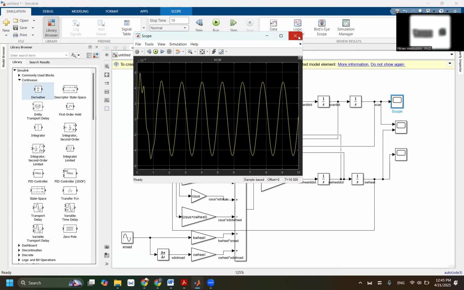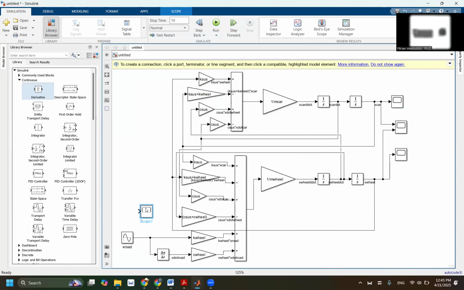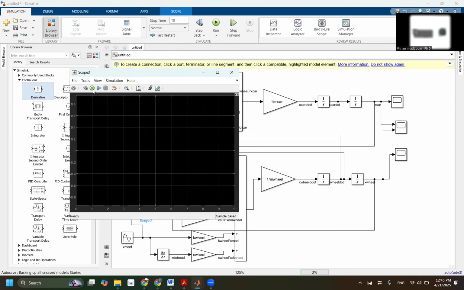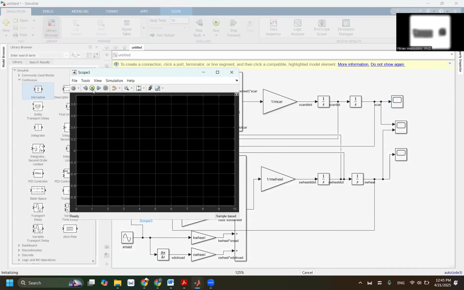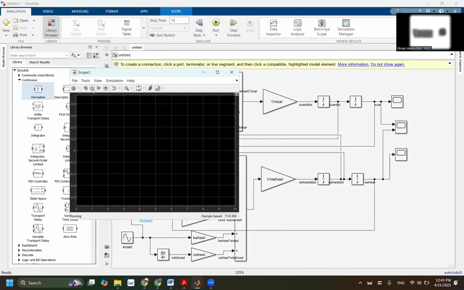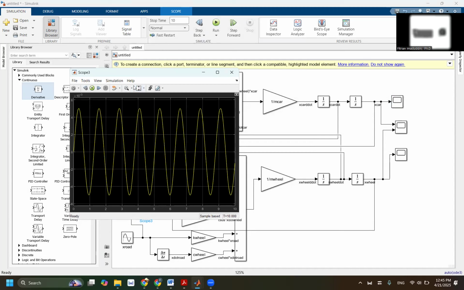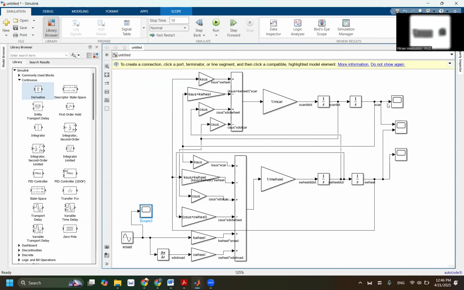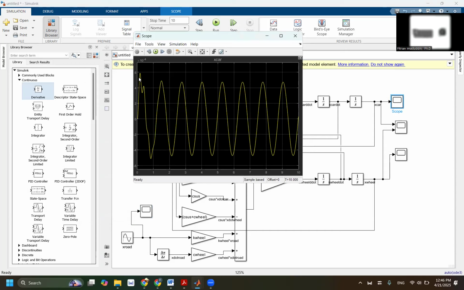Oh, the initial input, you mean the road? The road is constant. Let me check the road. Okay, this is the road. The road is a constant, normal sinusoid, nothing weird in the beginning. So what happened here?